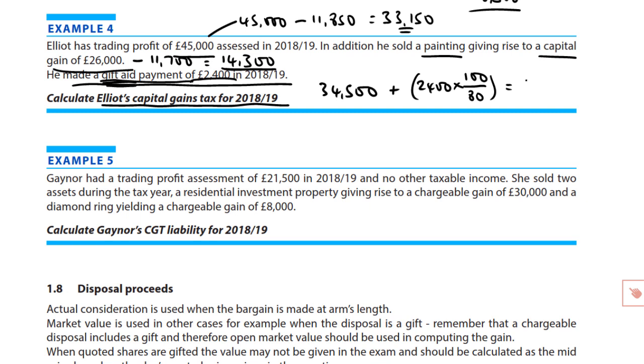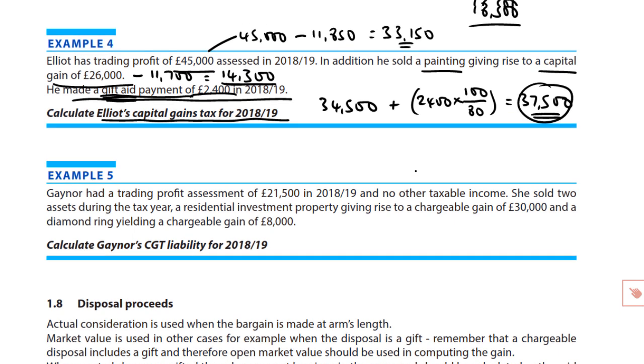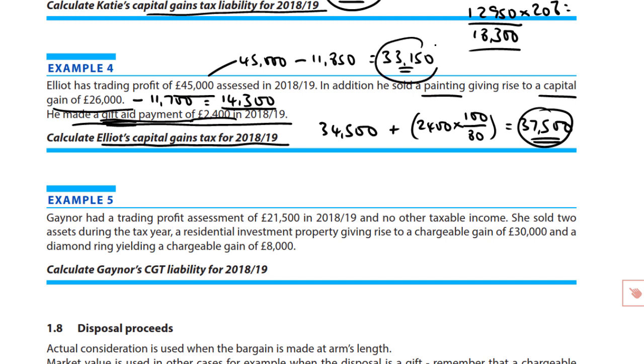Add it to 34,500. So we're now looking at a revised basic rate band limit of £37,500. It is that figure that we now compare with our figure of taxable income off the income tax computation to determine, therefore, how much basic rate band remains.